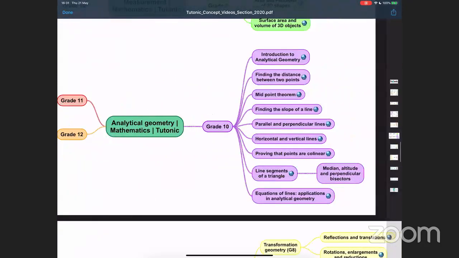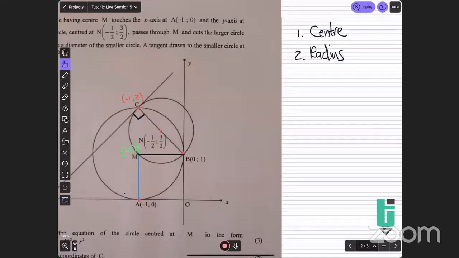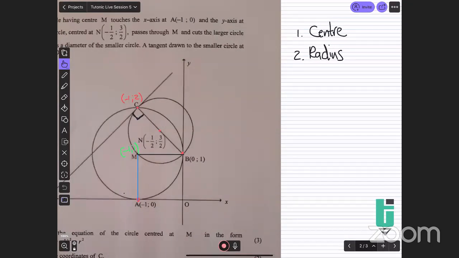Most of it is from grade 10. So who has done analytical geometry in school? No one. Paris, have you done analytical geometry? No, not yet.